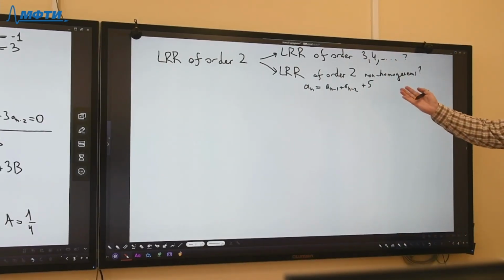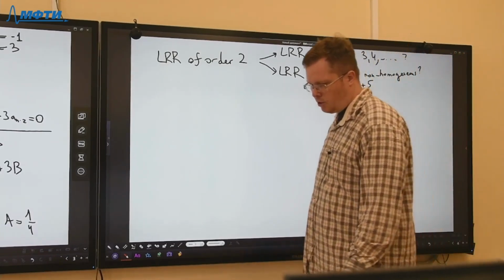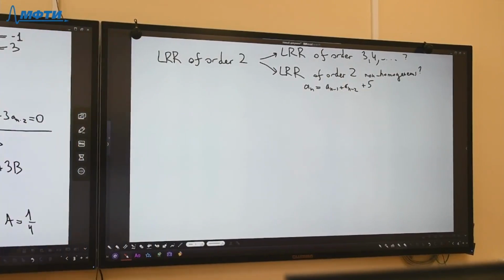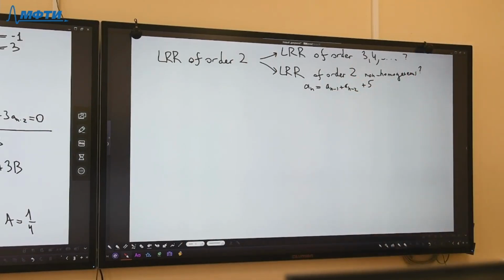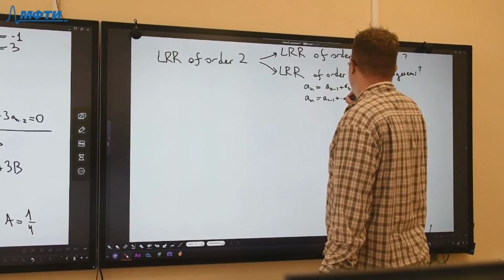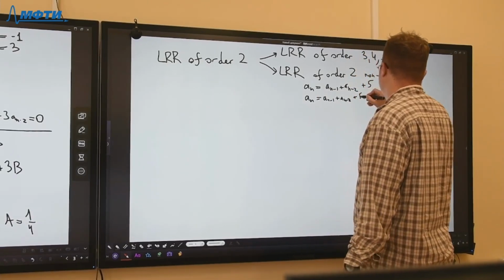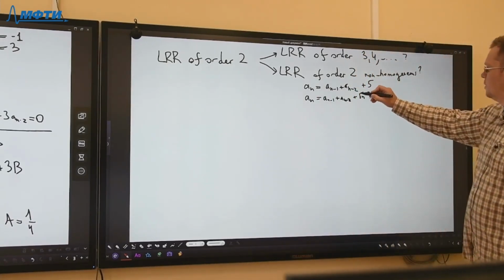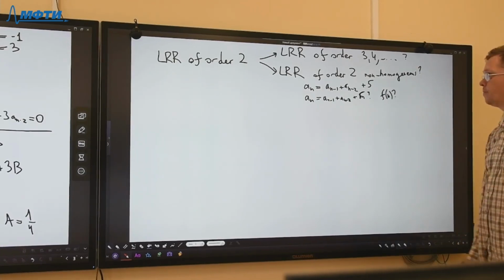So if we know the solutions of the homogeneous linear recurrence relations, then we can find the solution for the non-homogeneous ones, such that if we add some constants or some linear function of n, maybe we can also find a formula for some function of n.